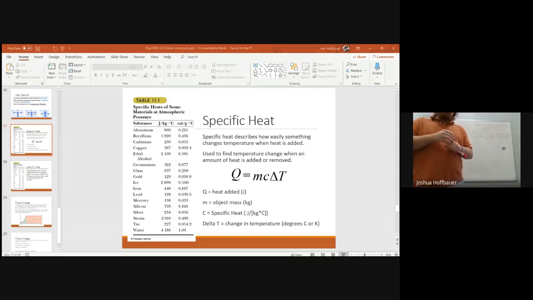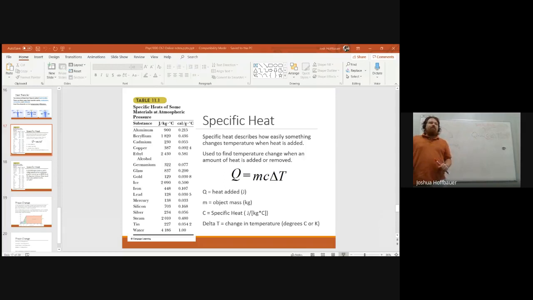Now, materials that heat up very quickly, things like iron, lead, silver, tin, mostly the metal elements on this table, those types of materials have very low specific heats. That means they don't need a lot of thermal energy to increase their temperature very quickly.